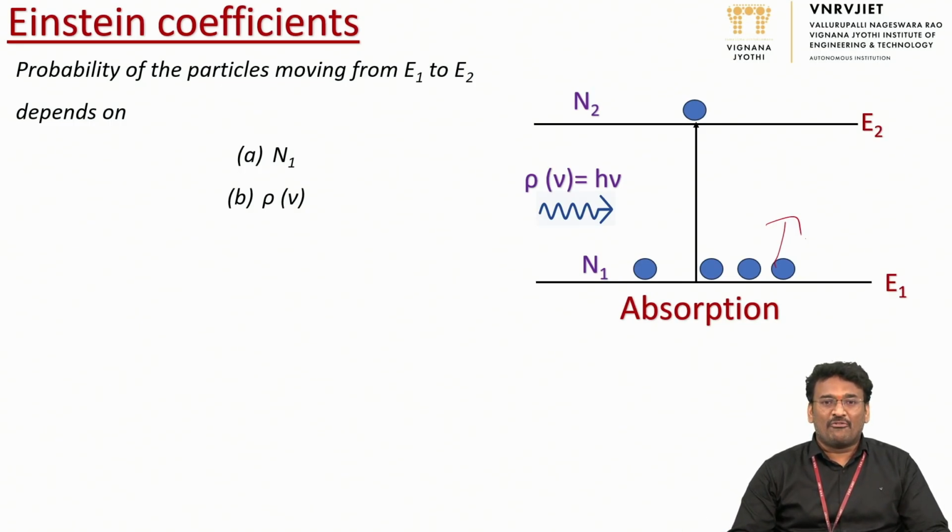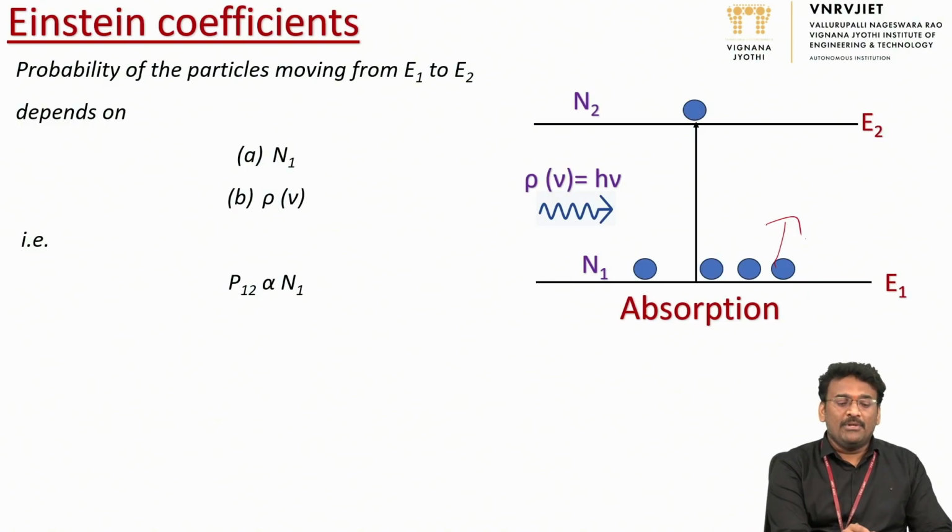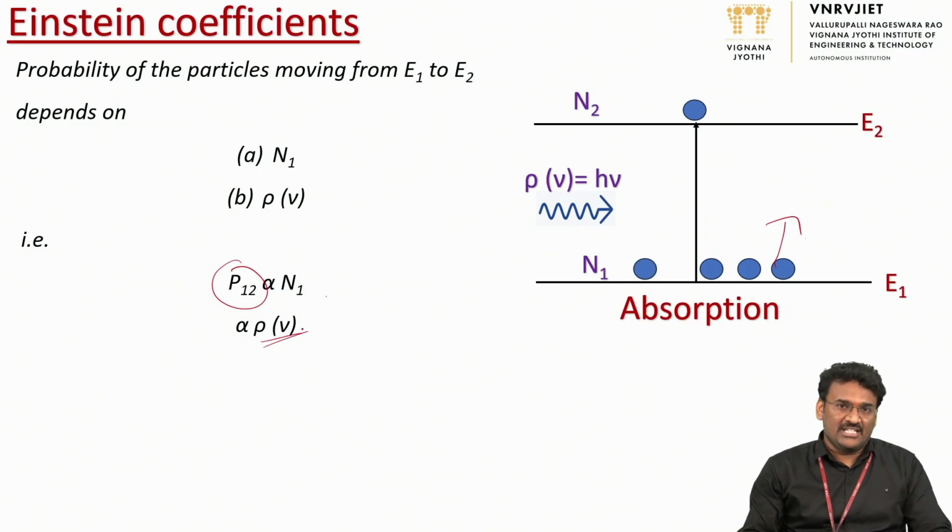So P12, the probability of particles moving from state 1 to state 2, is directly proportional to N1, and also directly proportional to rho v, the energy density.